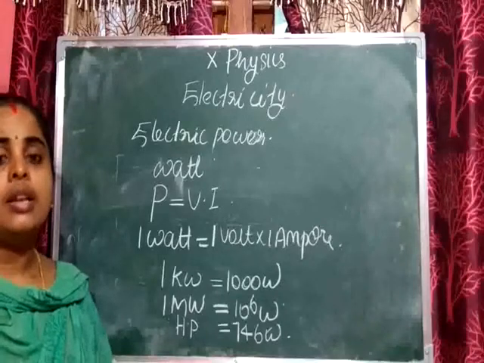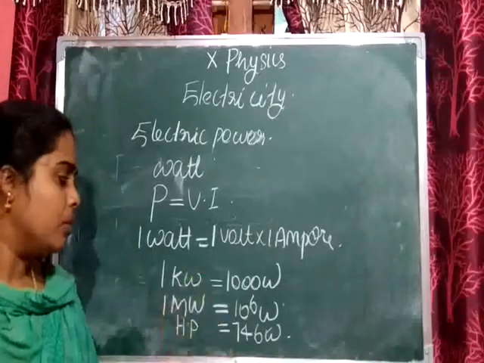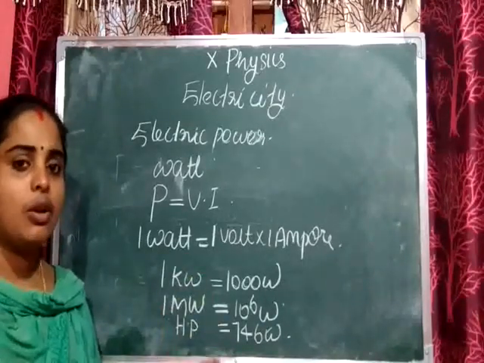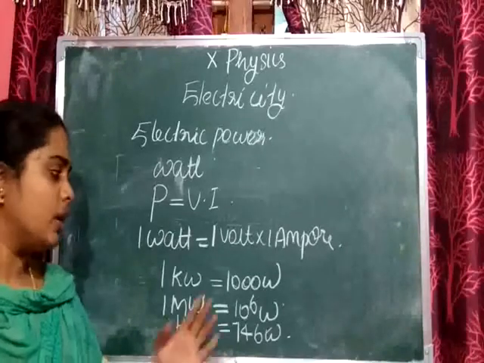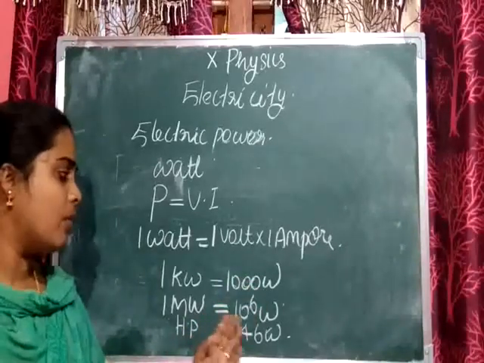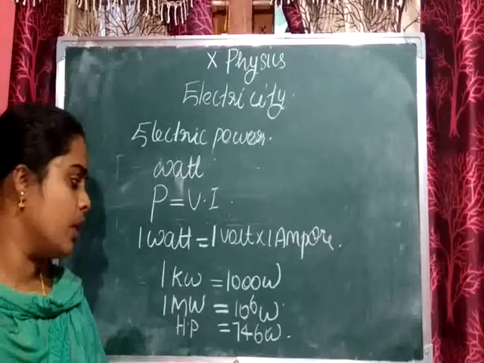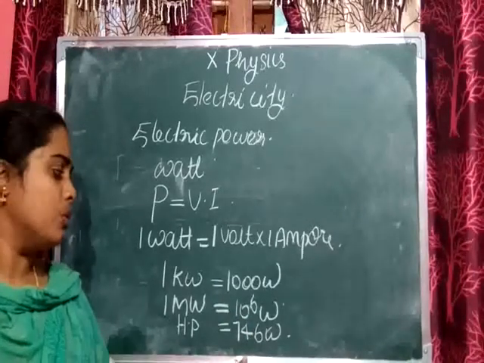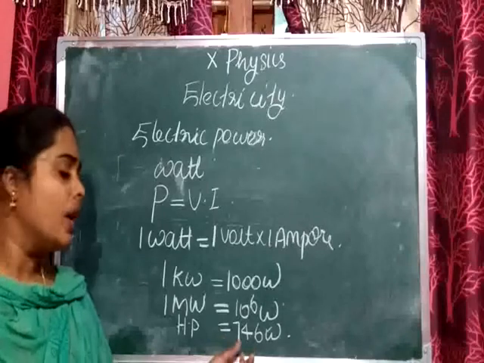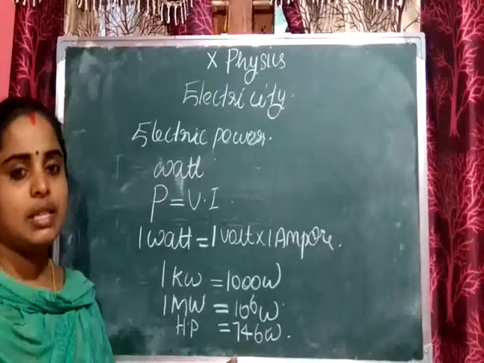The larger units of power are kilowatt and megawatt, where 1 kilowatt is equal to 1000 watt and 1 megawatt is equal to 10 raised to 6 watt. And 1 horsepower is another unit of power, which is equal to 746 watt.